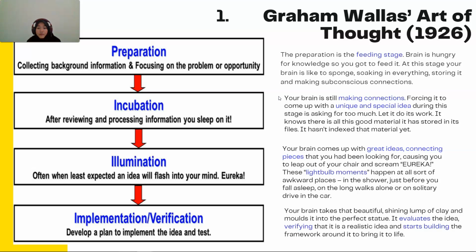It knows there is all good material stored in the file, because we have done thorough and detailed investigation in the preparation stage.